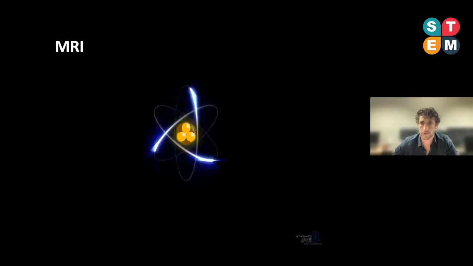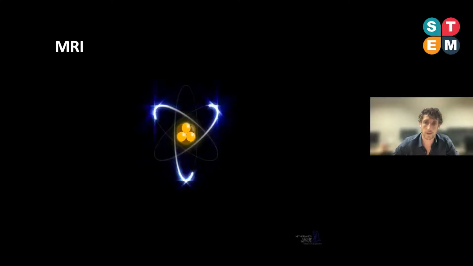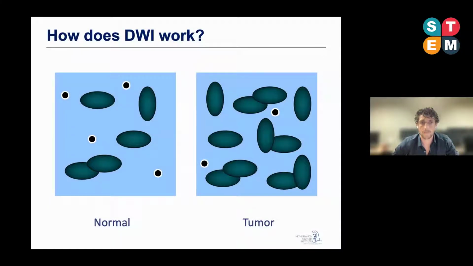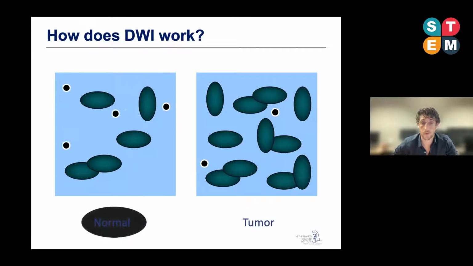And what are those new techniques? What is diffusion weighted imaging? Well, diffusion weighted imaging tells you something about the movement of water molecules. So in tissue where water molecules can really move around freely, that area on the image will become black.